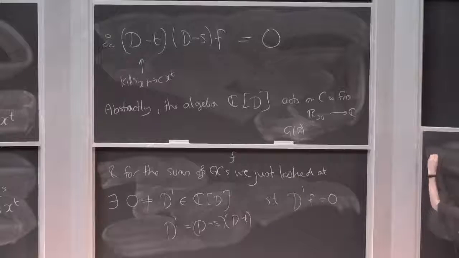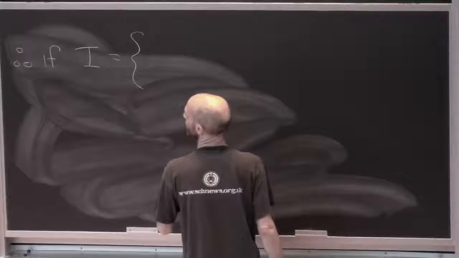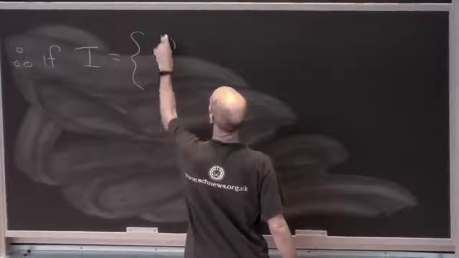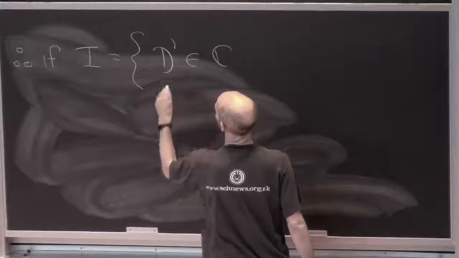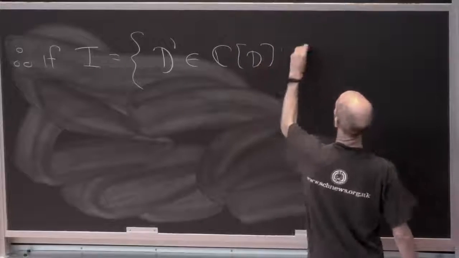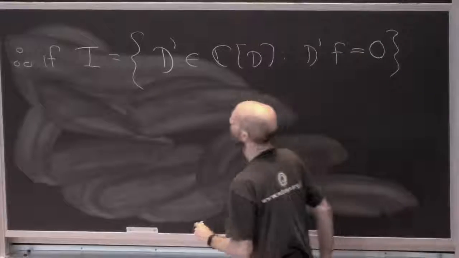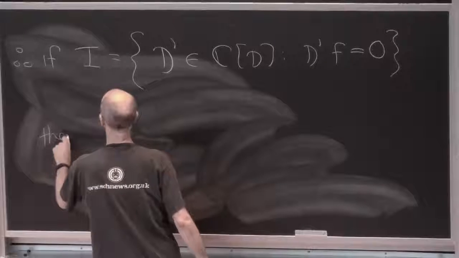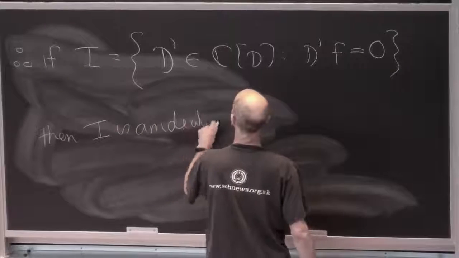So if I is the ideal of D primed in C of D such that D primed of f is 0, then I is an ideal of this ring.